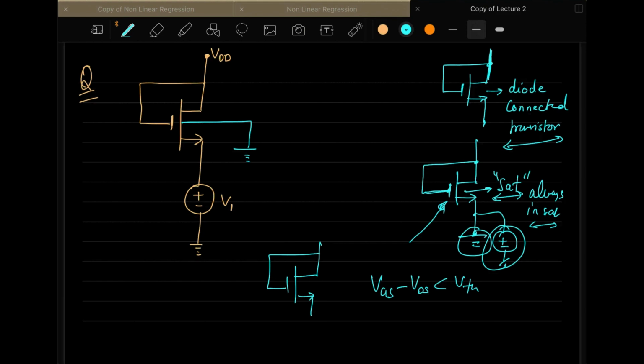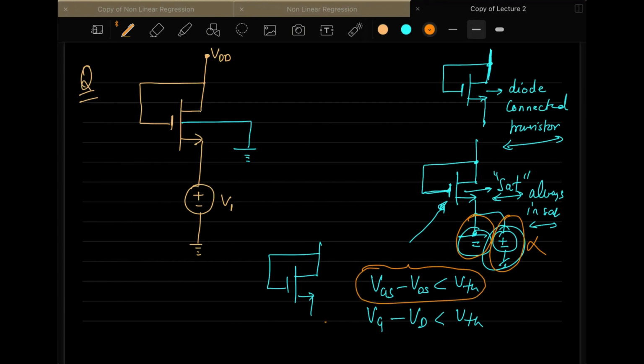And I also told you so many times that the source potential is of no use. So you can write it like this also. That's why I was saying that whether the source is connected to ground or to a battery, we don't care. The reason for that is this equation, where the source potential is of no use.